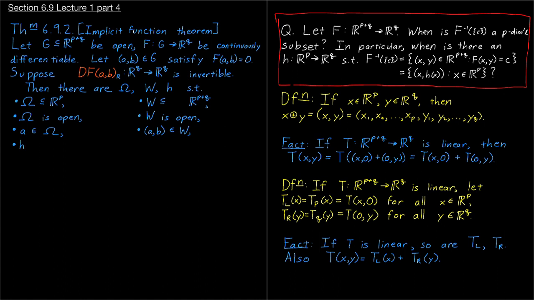And then h is a function whose domain is omega and whose range is R^q. And we've got that h(a) is equal to b. We've got that h is continuously differentiable on omega.